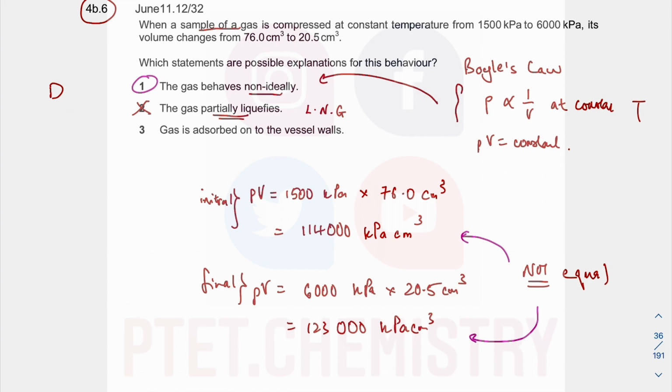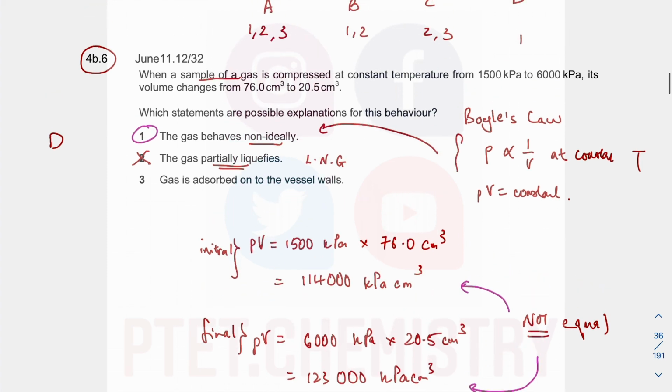Then we could go through statement 3. Adsorption, that is AD. Basically, it sticks, forming weak intermolecular forces to the walls of the container.